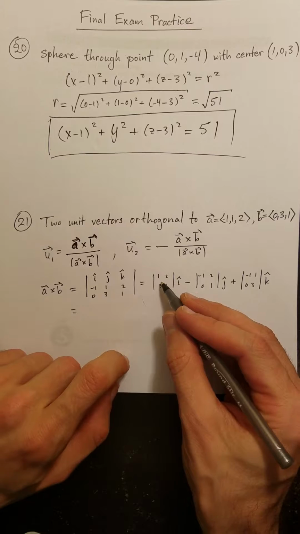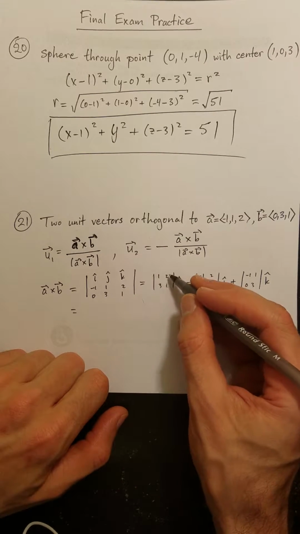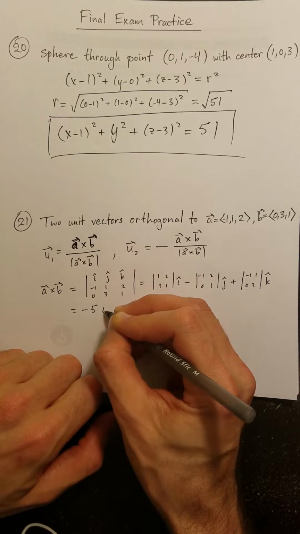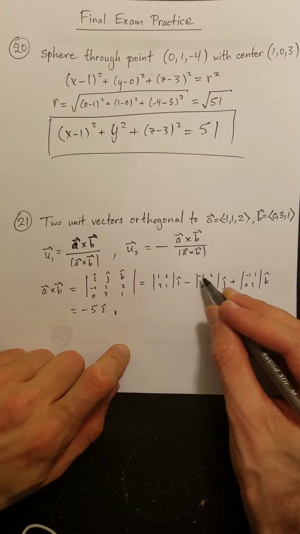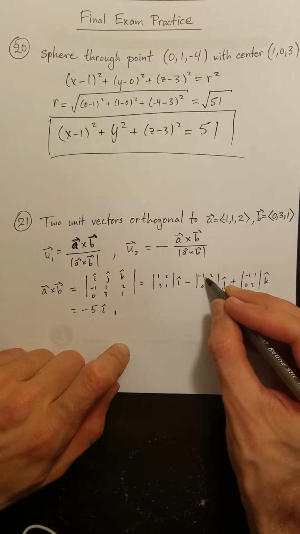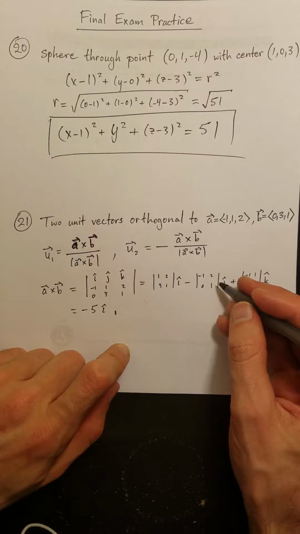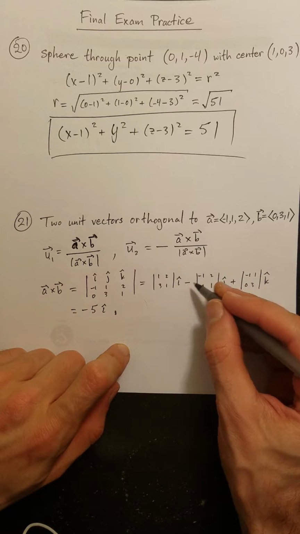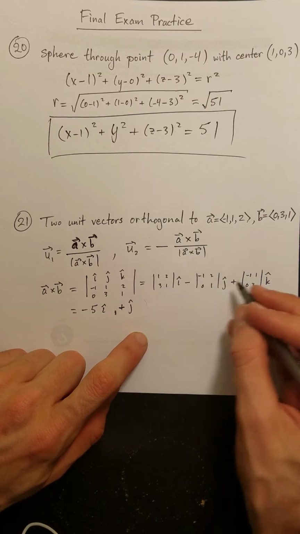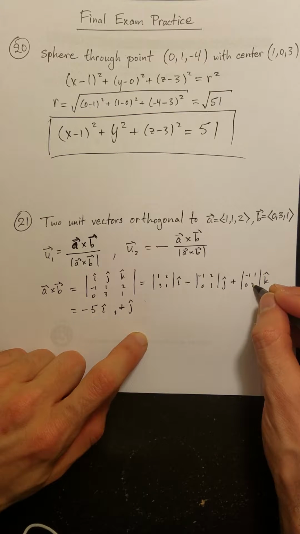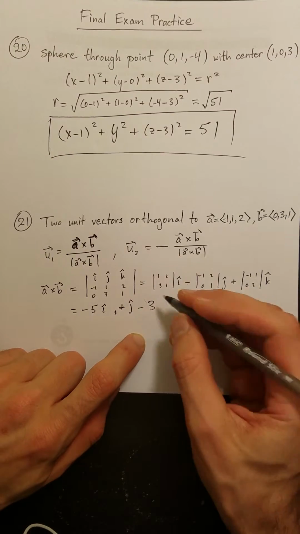All right, so this gives us 1 times 1 minus 2 times 3, so 1 minus 6 is minus 5i. And then I have negative this determinant, so negative 1 times 1 is negative 1, minus 2 times 0 is 0, so I have minus 1, and then I subtract that, so I get plus 1, so I have plus j. And then for k, I get negative 3 minus 0, so I get negative 3.